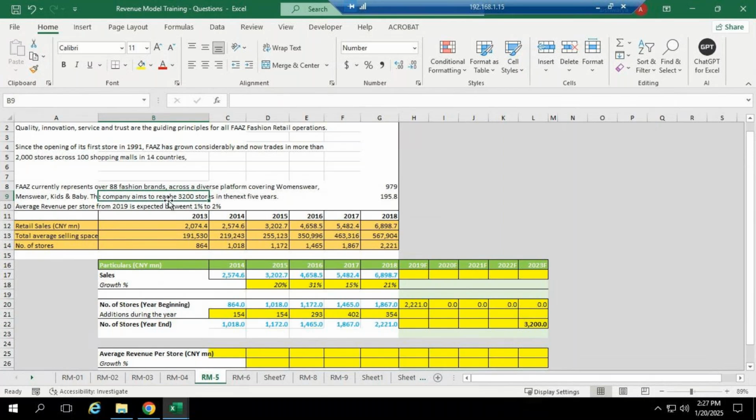So now if you just read this line, the company aims to reach 3,200 stores in the next 5 years. So that means the total will be 3,200 stores. Now the number of stores at the year end will be 2,221.